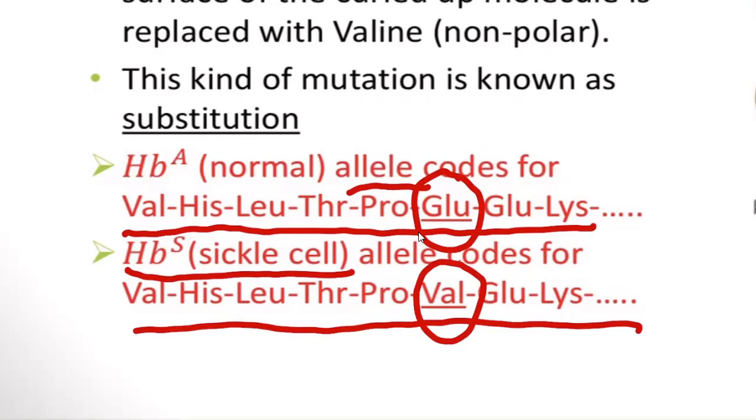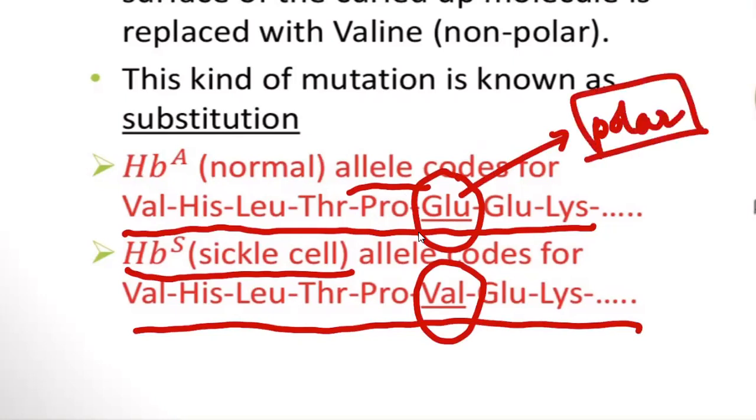Also, bringing in some concepts of biological molecules that we've done before: when I was teaching you amino acids, I told you that there are various kinds of amino acids, polar, non-polar, hydrophilic, hydrophobic, many types, right? Now, glutamic acid is a polar amino acid, right? And the polarity of the amino acid depends upon what kind of R group that particular amino acid has. And when I say polar amino acid, Amna, what do I mean by that?